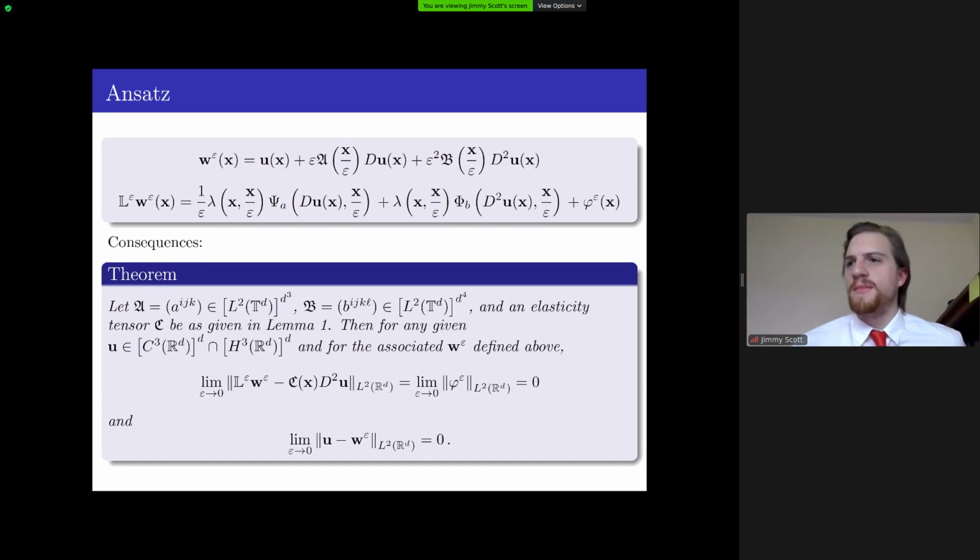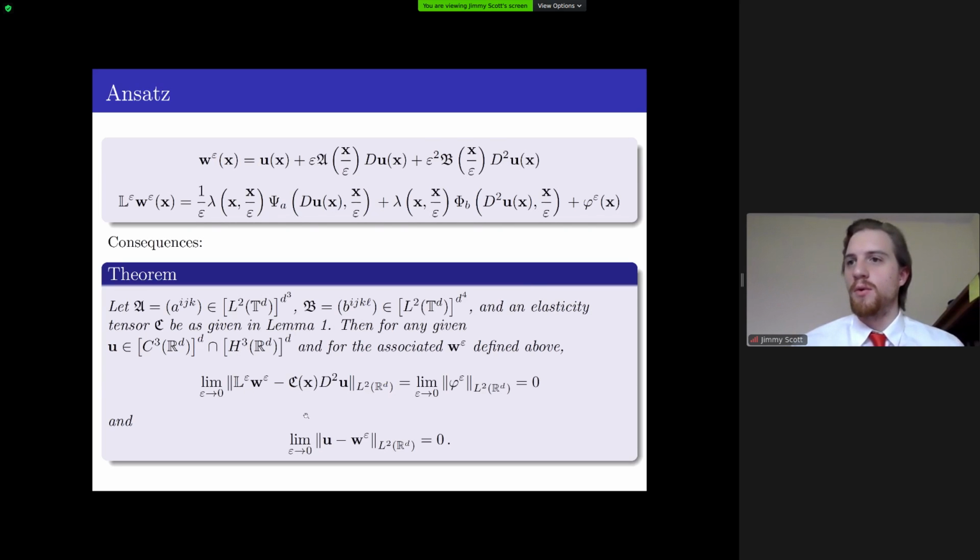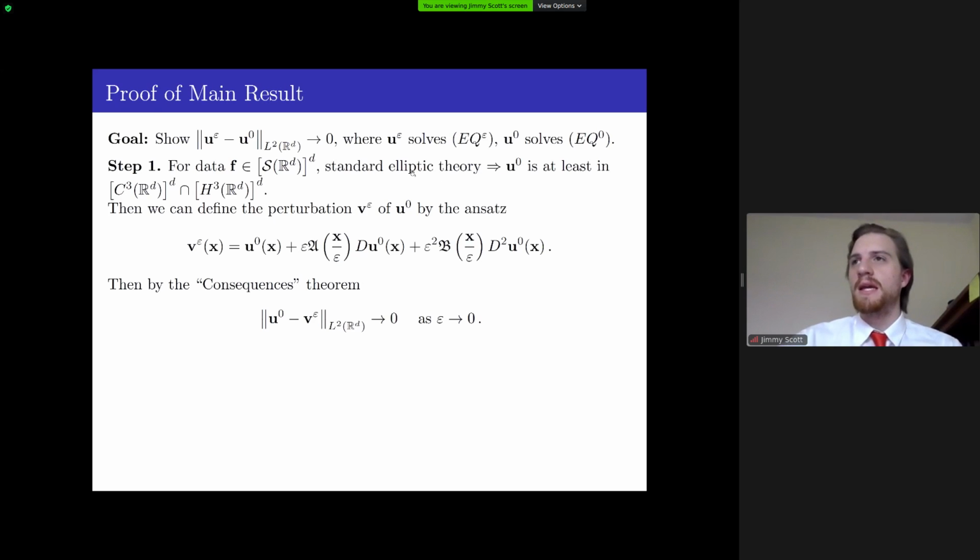Okay, so I did just want to put a proof in here for why this ansatz does the job for us. Again, the goal is to show that U epsilon solves my approximate peridynamic equation, that U0 solves the limiting equation. So we want to show that this goes to 0. You can use the triangle inequality pretty easily.